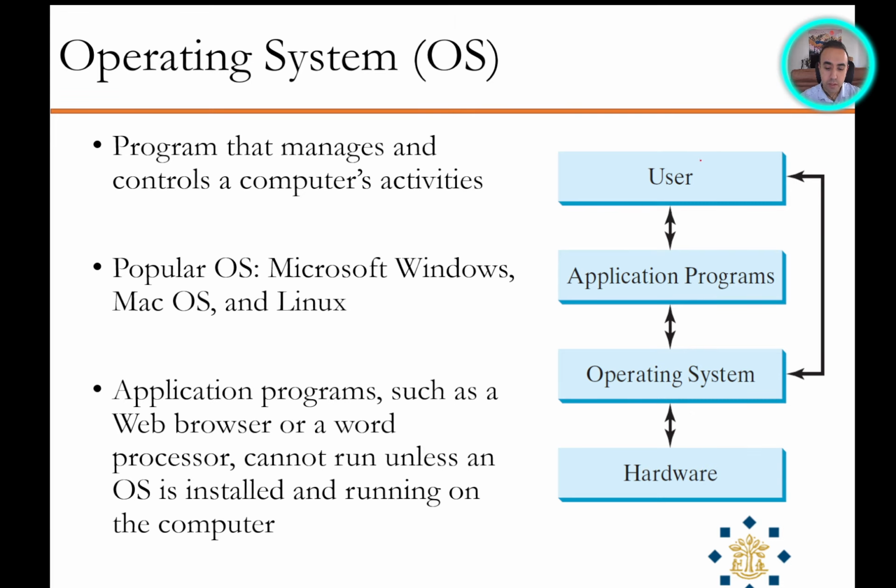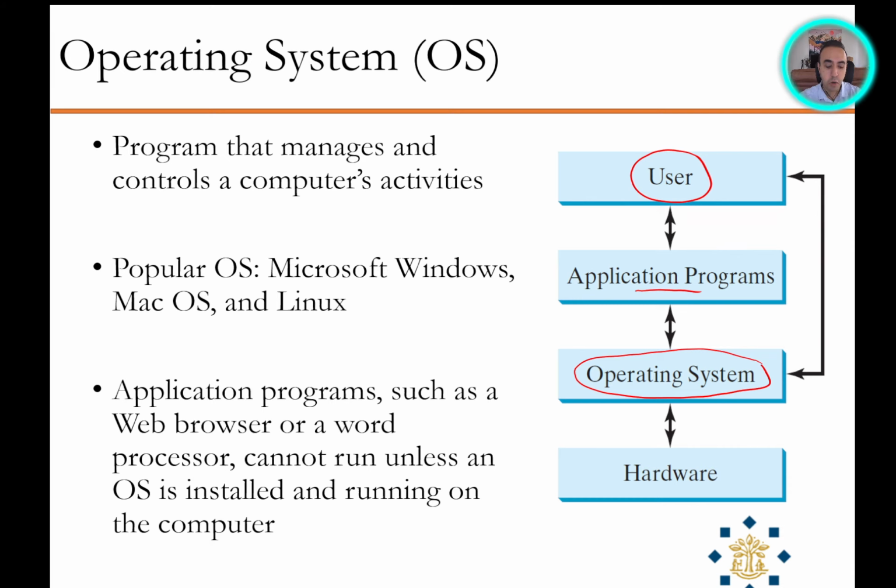So the user is us, we are going to be computer programmers. So we are going to be using some application programs, such as Python. And before interacting with the hardware, we need to execute our activities on the operating system.